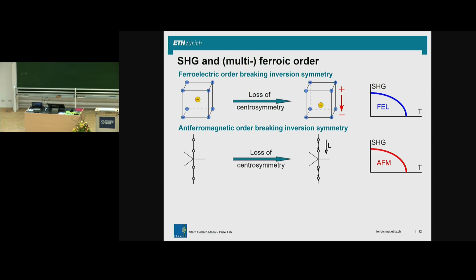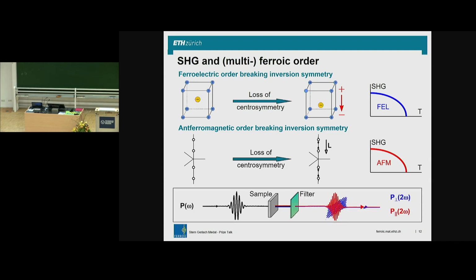That's centrosymmetric, then put spins down, up on that, then you lose your inversion symmetry. Now, immediately you should get frequency doubled signal when you send in a laser light beam. That, background free, reflects the magnetic order, even if it's antiferromagnetic, as in this case. So you don't need a magnetization, you just need order broken symmetries.